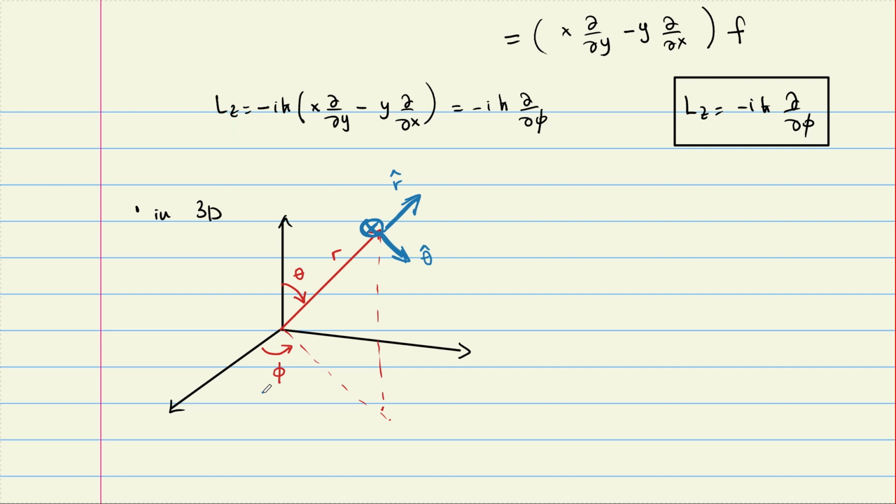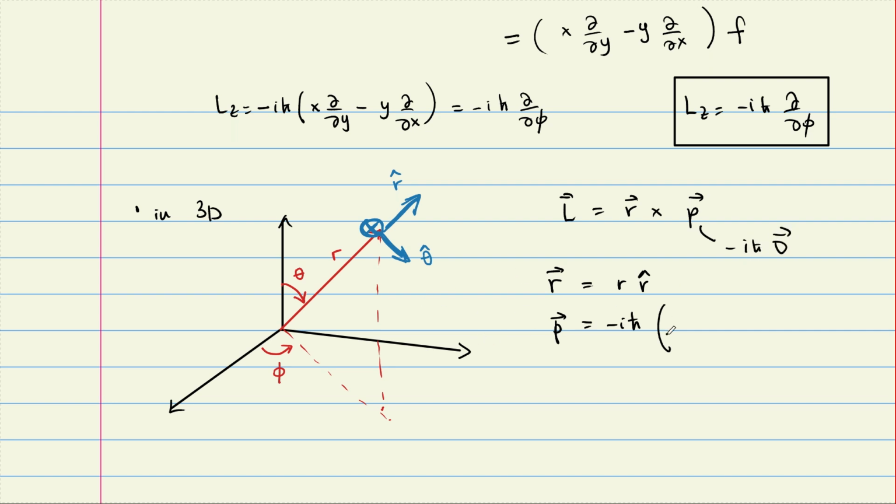And I want to calculate L, which is R cross P, and I want to write R and P in these spherical coordinates. R is equal to r r hat, and P is going to be equal to minus iħ, so there is a nabla inside, minus iħ nabla.